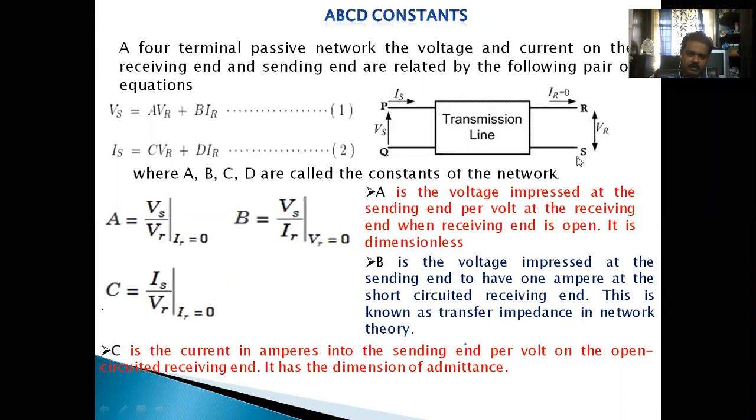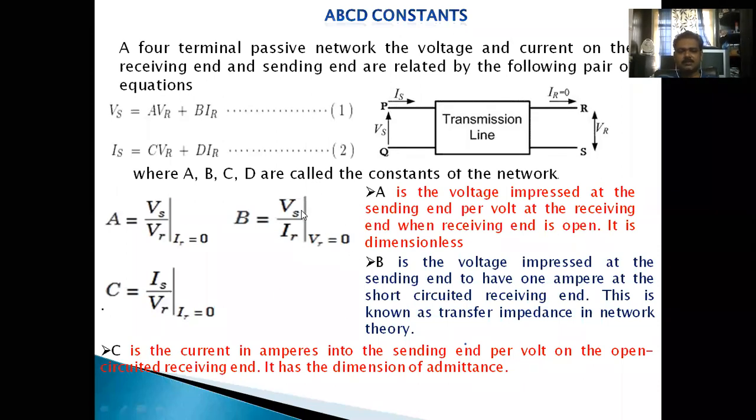Because this is short circuited, the current passing through this must be 1 ampere. So IR value must be 1 ampere. Vs is the voltage impressed at the sending end, and that becomes parameter B. The units for this are voltage by current, which gives ohms.